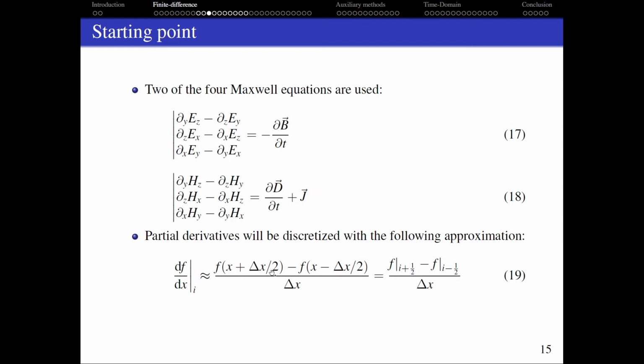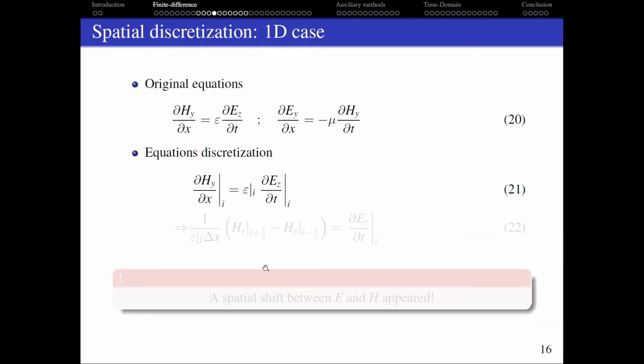This new approximation is actually how the FDTD was defined originally by Yee, and it's useful to get the leapfrog grid that is pretty convenient for certain boundary conditions, but I will talk about it later.